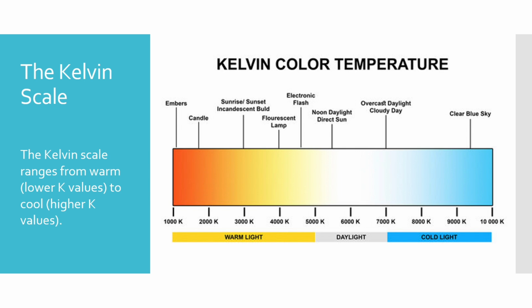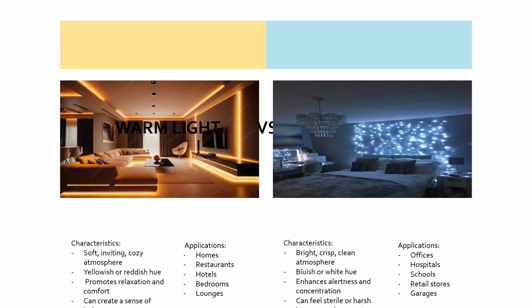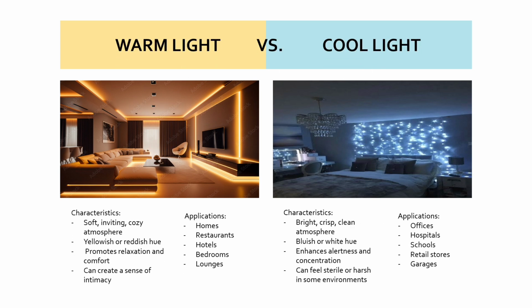Now that we've explored the Kelvin scale and how it measures color temperature, let's delve into the practical implications of warm light and cool light. This next slide illustrates the key differences between these two types of light and their common applications.